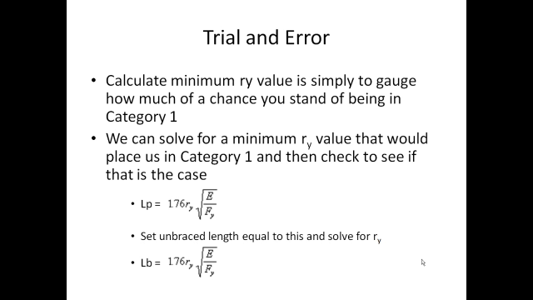So the ry minimum that I'm talking about on this page is a minimum value that, if you're over it, puts you in category 1. It assures that you're in category 1.